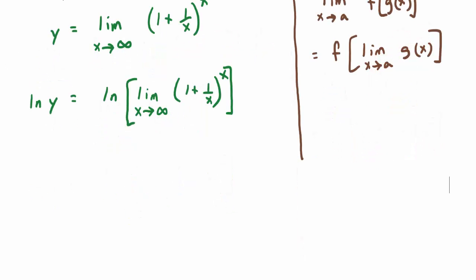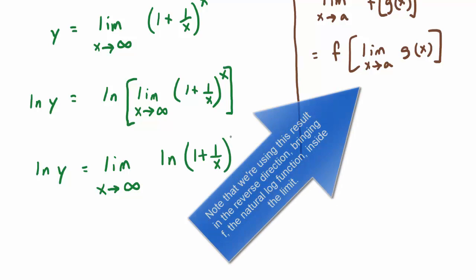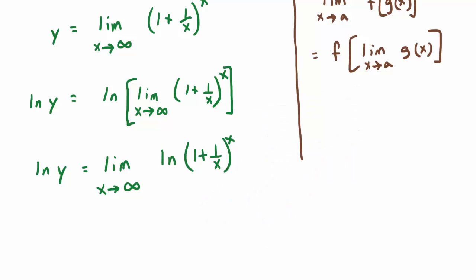So I'm going to rewrite this then as the natural log of y equals the limit as x goes to infinity of the natural log of 1 plus 1 over x to the x. And that's important to be able to bring the ln to the inside, right? Because now we can apply the power rule for logarithms.